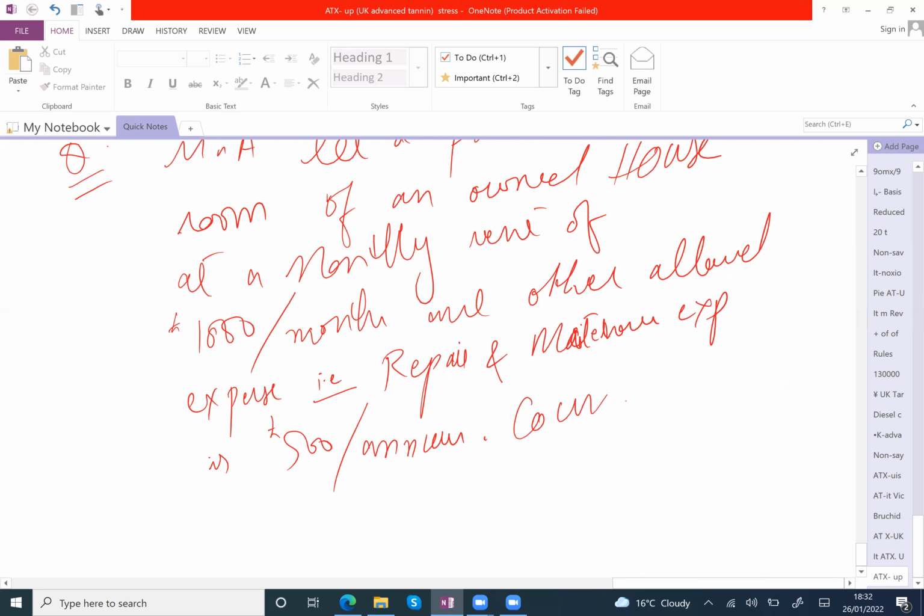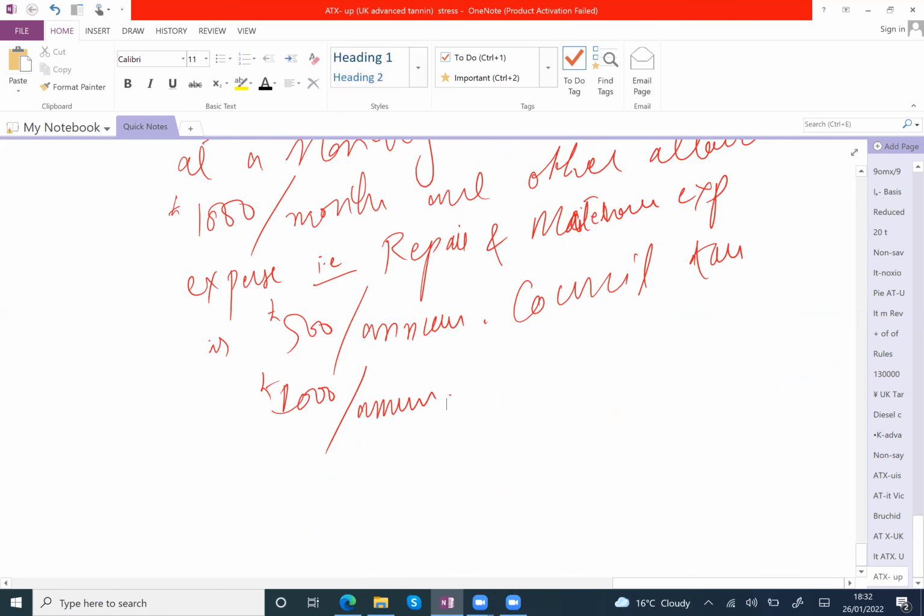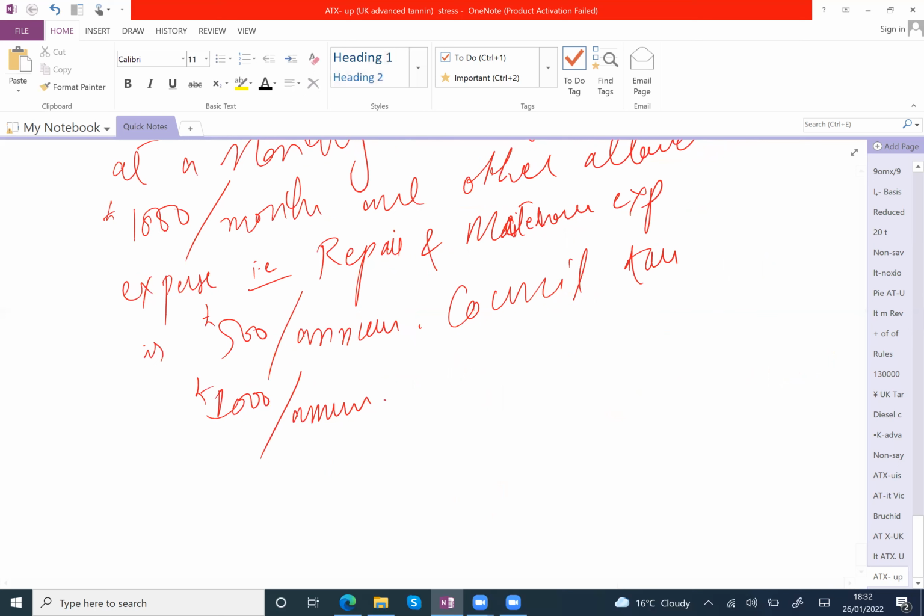Council tax £1,000 per annum. Calculate taxable property income.